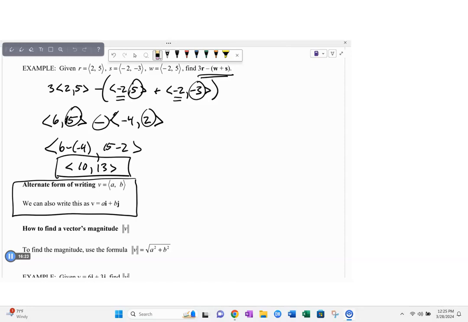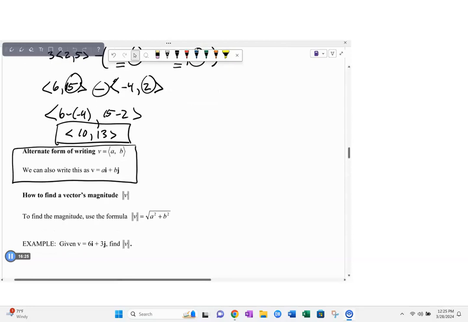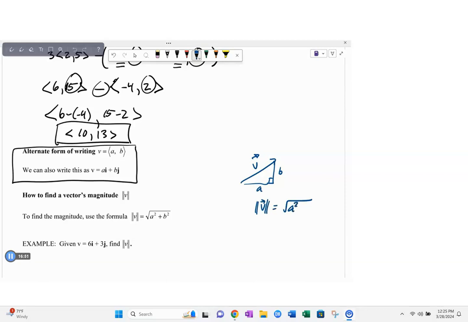All right, now what about its magnitude or its length? If you're finding the length of the vector v, well, a is your horizontal component, b is your vertical component. a squared plus b squared equals v squared. So the magnitude of vector v is just the Pythagorean theorem if you solve for that length of v.